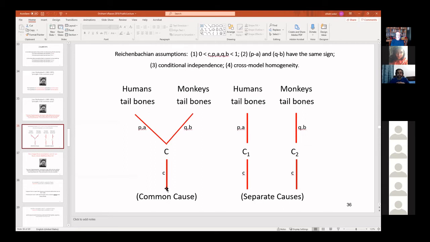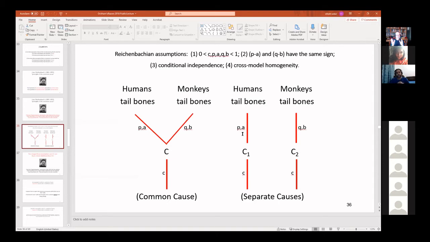So the probability of humans having a tailbone, if you start at the bottom, is going to be a function of C, P, and A. And you can write out the algebra that describes that. And exactly the same thing is true if you're over here. The probability of human beings having a tailbone is a function of C, P, and A, and it's the same function.